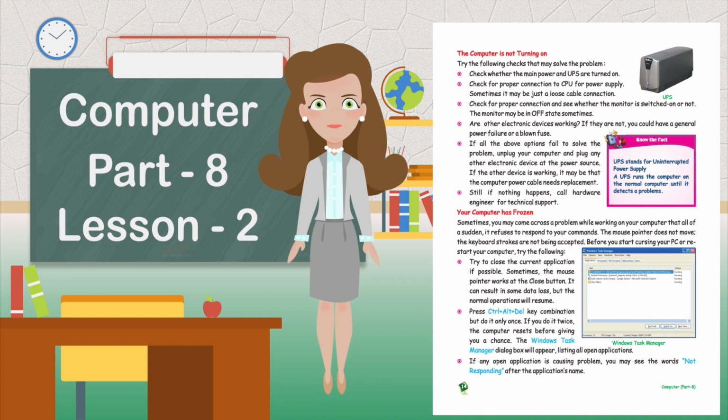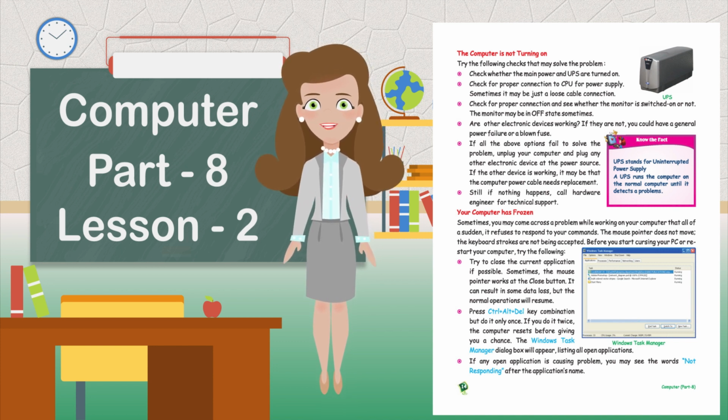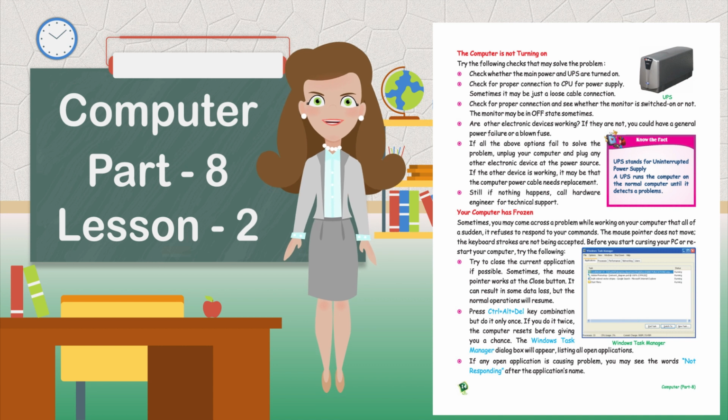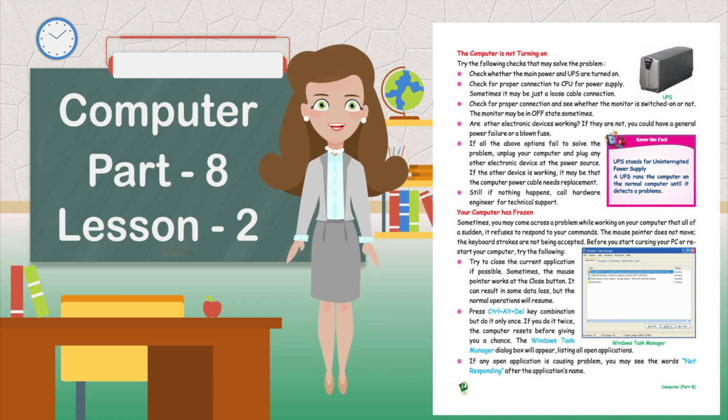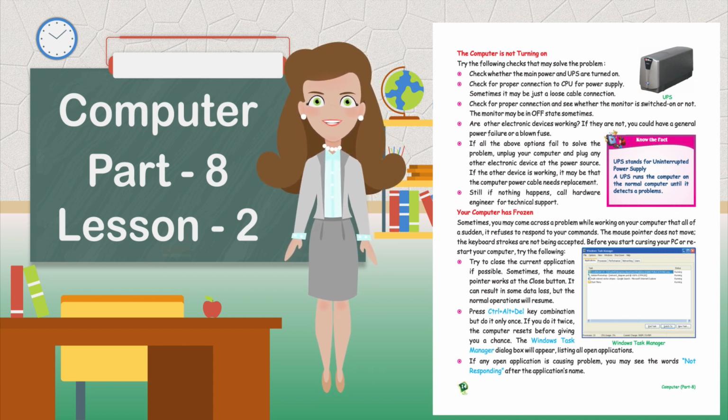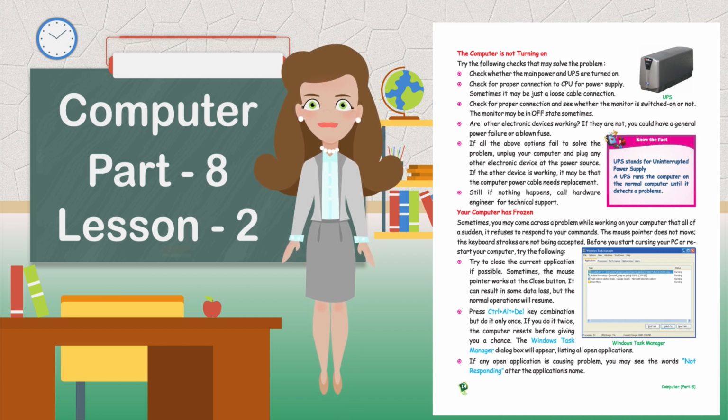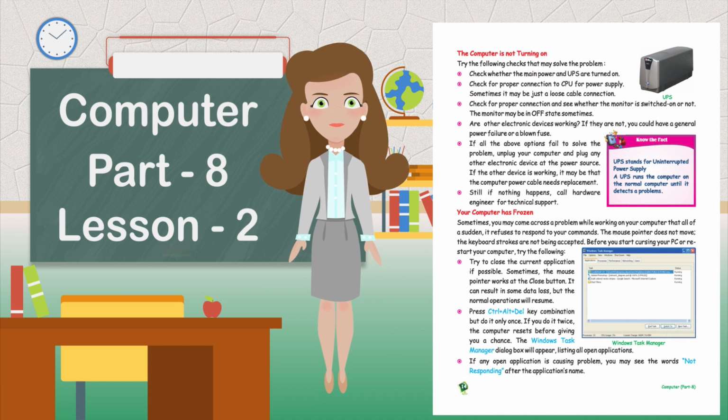Try to close the current application if possible. Sometimes the mouse pointer works at the close button. It can result in some data loss, but the normal operations will resume. Press the Ctrl plus Alt plus Delete key combination, but do it only once. If you do it twice, the computer resets before giving you a chance.